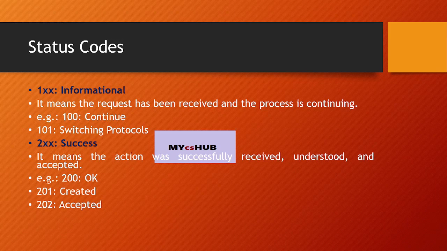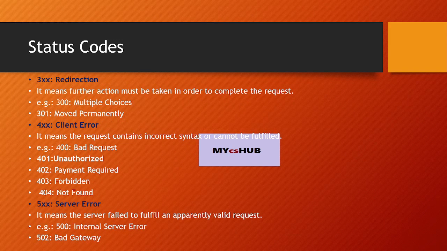So when the API request has been hit from Postman or from a front-end application, the status we will receive explains that it is successful and the API request is accepted. Like 200 is for OK, 201 is for created, 202 is for accepted. Like that, we have many other status codes as well.